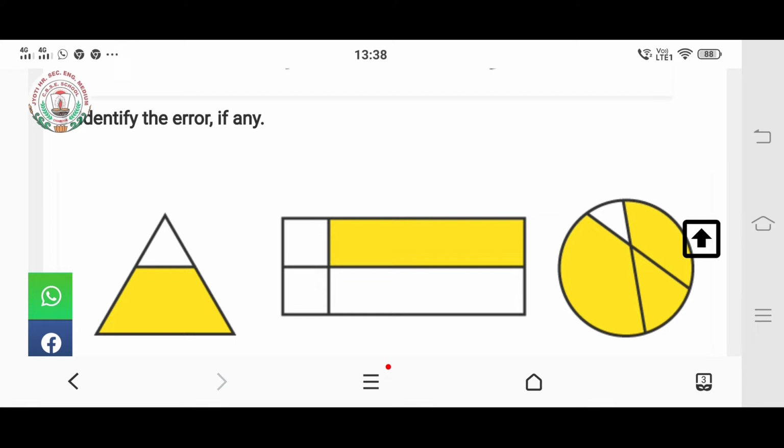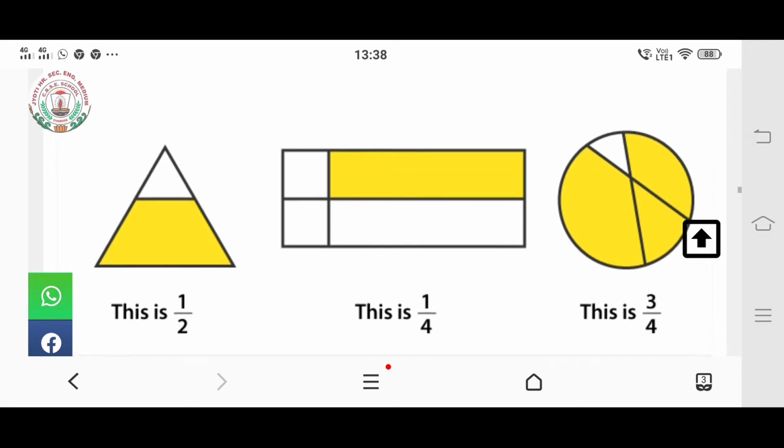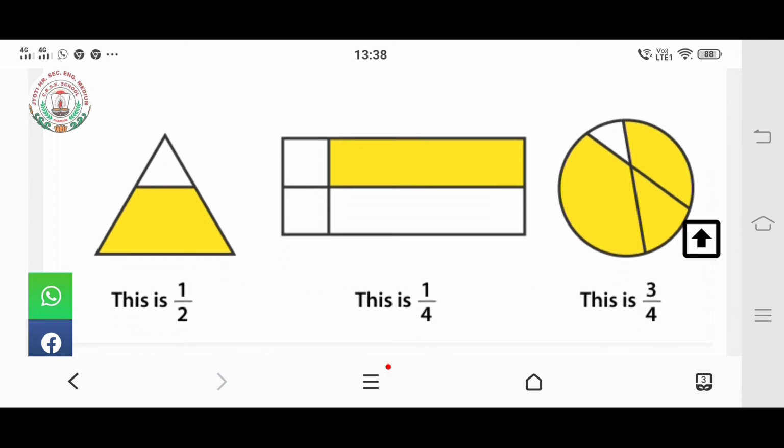So the first figure, a big triangle is given. One part is not shaded and one part is shaded. So can we write it as 1 by 2? Is this part 1 by 2? No, it is not. Why? Because these two parts are not equal parts.